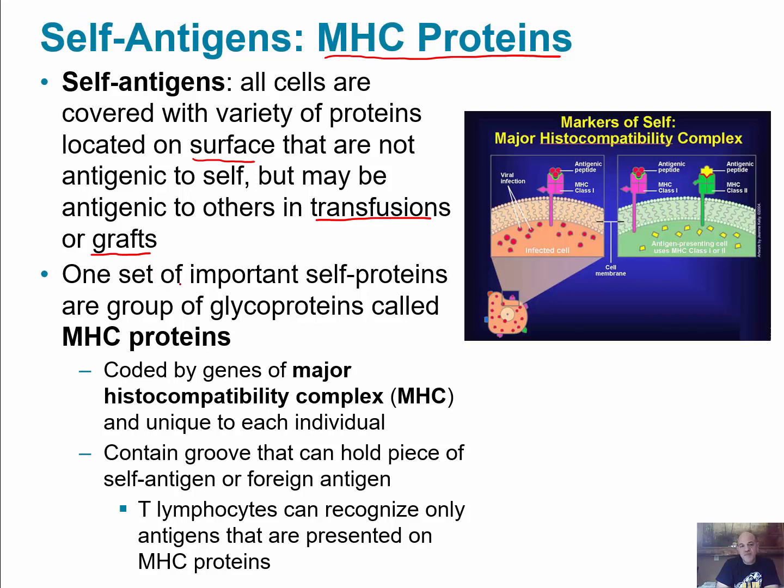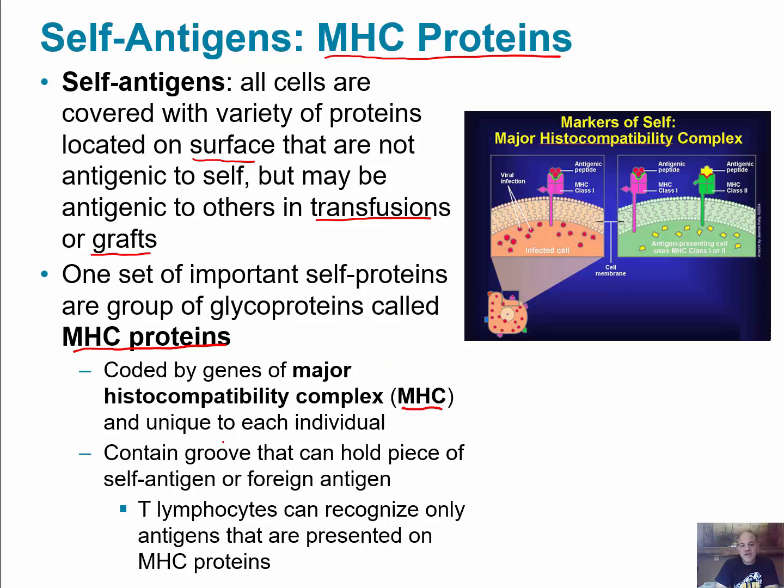So there's one set of important self-proteins, and they are a group of glycoproteins called MHC proteins. MHC proteins are coded for by genes, and these genes produce proteins called major histocompatibility complex, which is what MHC stands for. These are unique to each individual, so your MHC is unique to you.